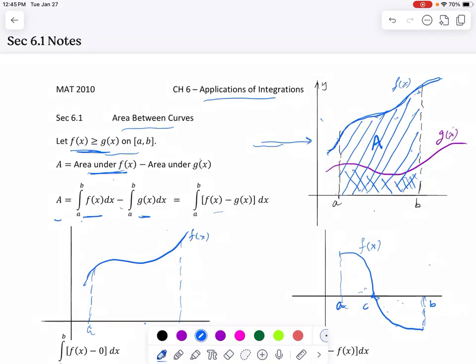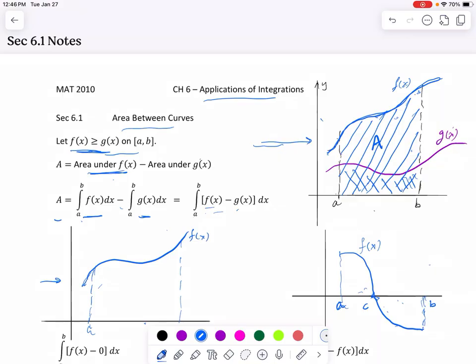Now this is not something new. By the way, the area will always be positive if we do this, f of x minus g of x, if the function f is always above the x-axis. Similarly, over here, we have done this before when we were finding the area under f.